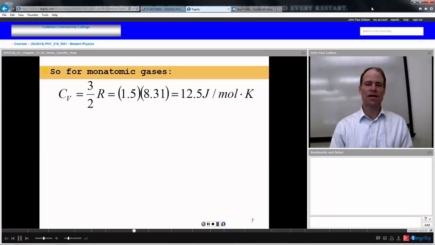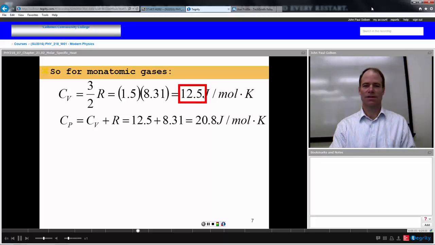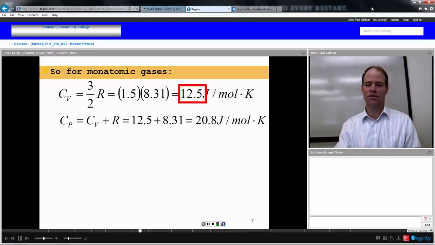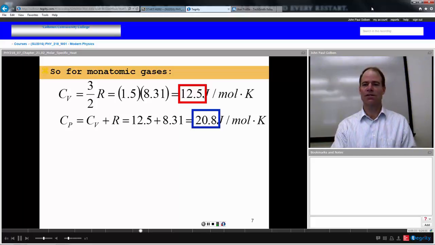So for monatomic gases, the molar specific heat at constant volume is 3/2 R, which is 1.5 times our famous gas constant, 8.31, or 12.5 joules per mole per Kelvin. The molar specific heat at constant pressure is an R added to this. So it's going to be C sub V plus R, 12.5 plus 8.31, 20.8 joules per mole per Kelvin.